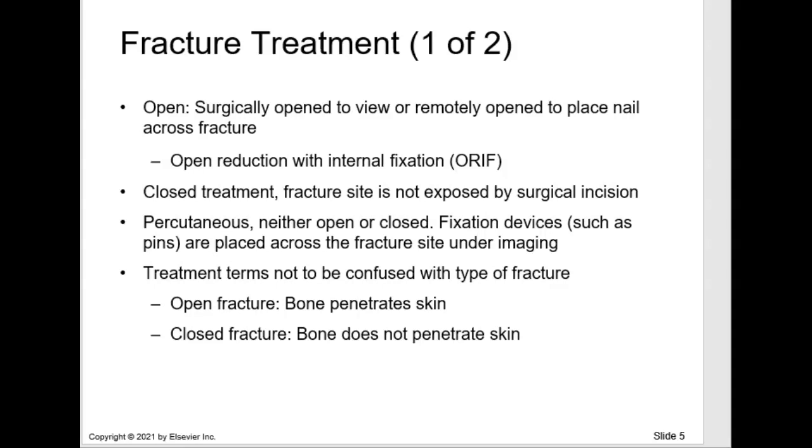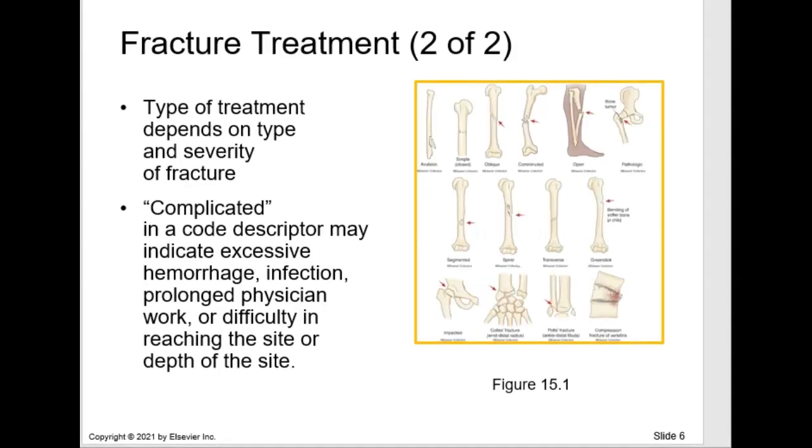You can have open fractures, closed fractures. You can have open treatment, closed treatment. You can have a closed fracture and an open treatment. So again, make sure you read the wording of your operative report. Fracture treatment 2.